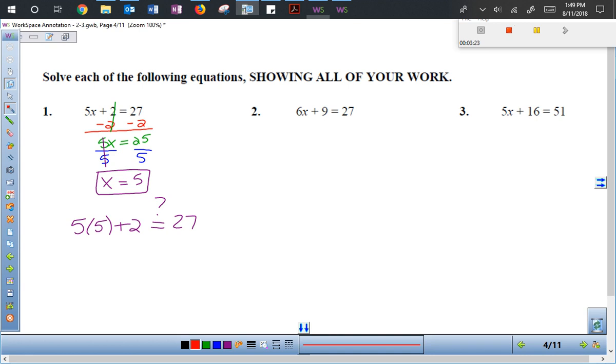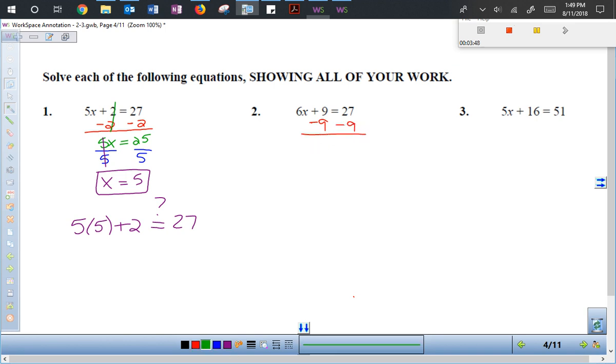On number 2, I have 6x plus 9 equals 27. My goal is to get the variable all by itself on one side of the equal sign. First, we handle any addition or subtraction. Here on the same side as the variable, I am adding a 9, so I want to subtract a 9 from each side of the equation.